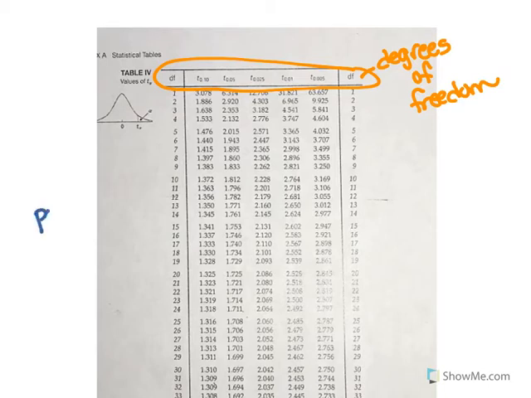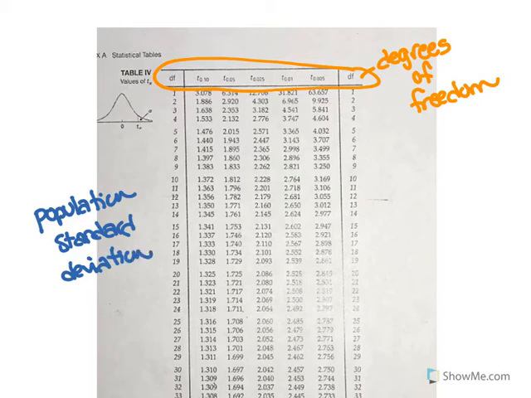Let's put population standard deviation unknown. That's the terminology they use. This is when you use this chart, okay? When you don't know that population standard deviation.